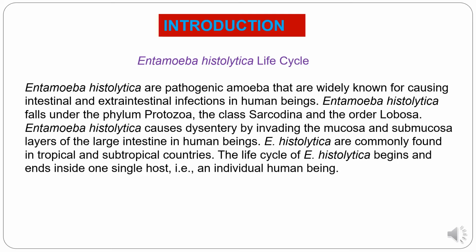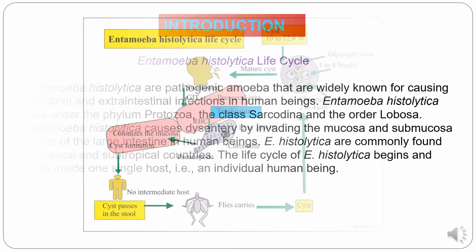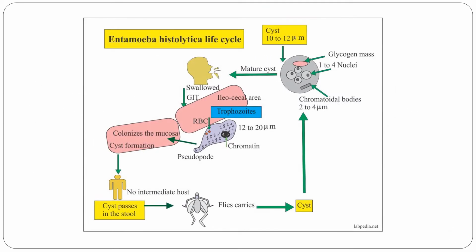The life cycle of Entamoeba histolytica begins and ends inside one single host, that is an individual human being. So it is very interesting because it passes its whole life cycle within one host, that is man. Here in the figure you see the Entamoeba histolytica life cycle.